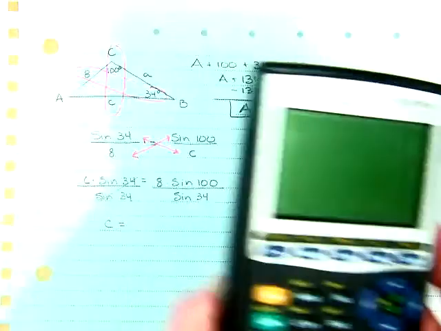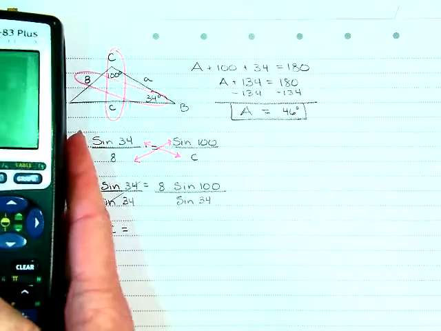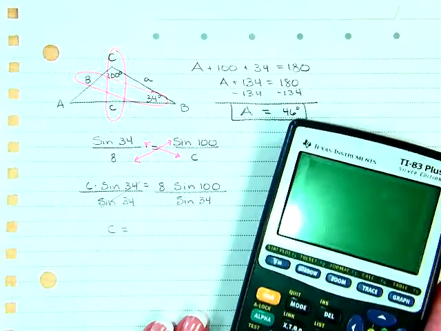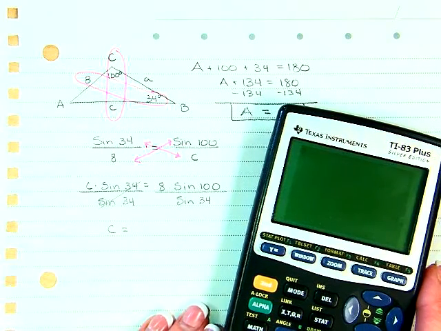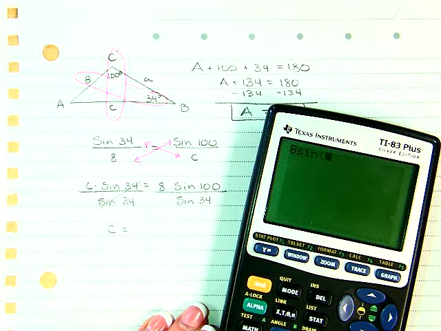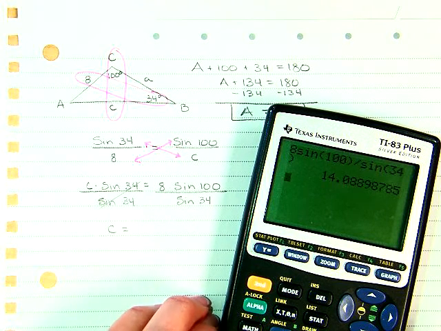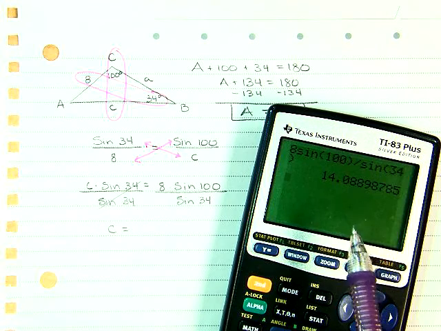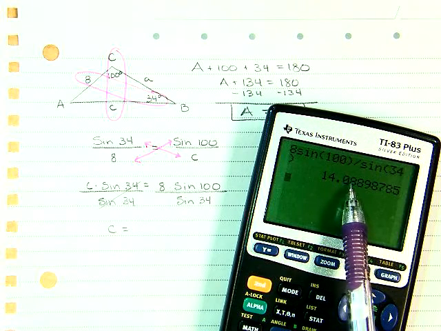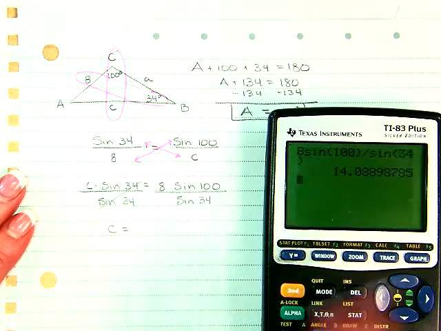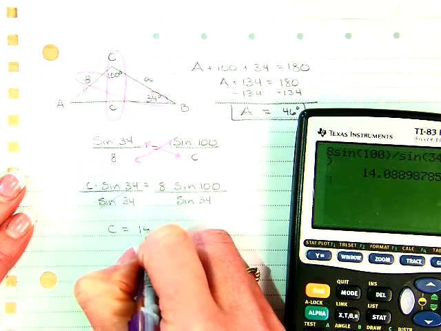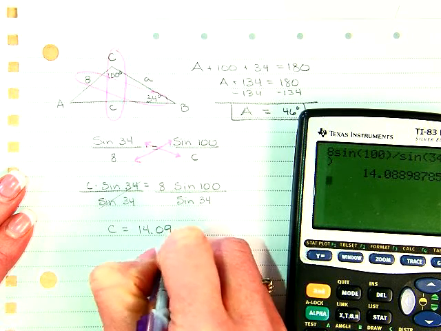Then I'm simply going to do 8 sine 100, and then I want to close that parenthesis for sure, divided by sine 34. Enter. And I get 14, and rounding to the nearest hundredth, like the directions say, would be 14.09. That is side c, 14.09.